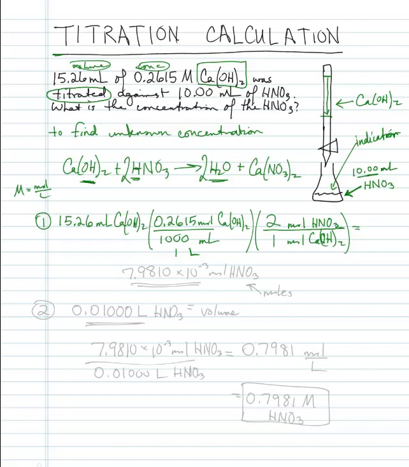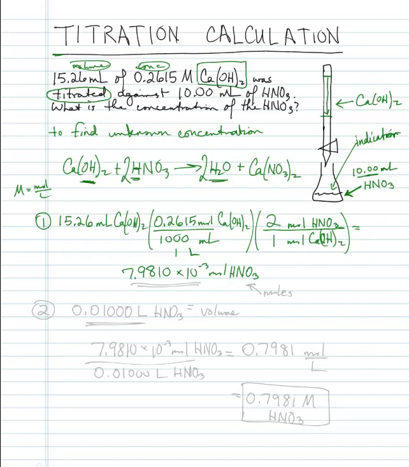And this is going to give me the moles of nitric acid in my original flask, in the 10 milliliters that I put in there. So I'm going to get a number, 7.9810 times 10 to the minus third moles of nitric acid. It's not really necessary that you write down that intermediate value. I'm sorry, you do have to calculate it.